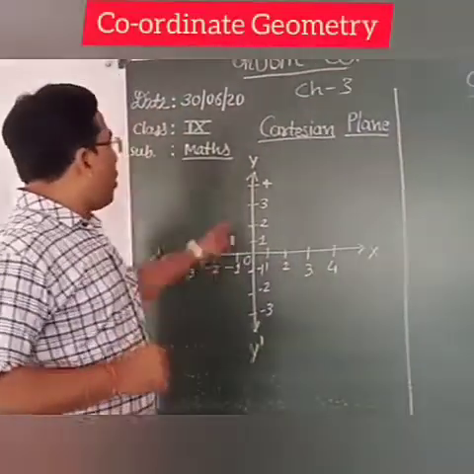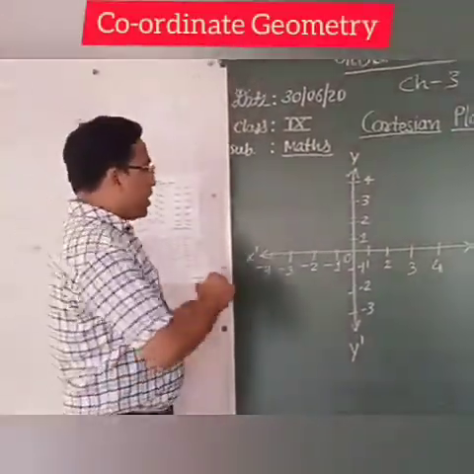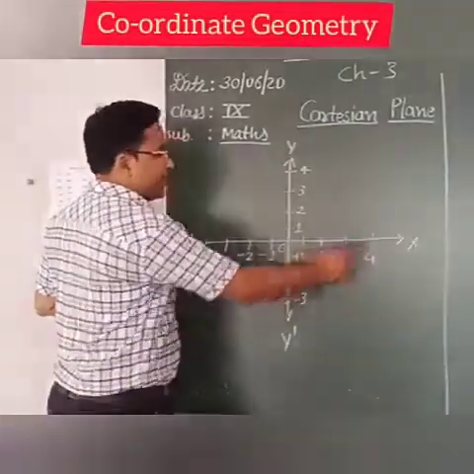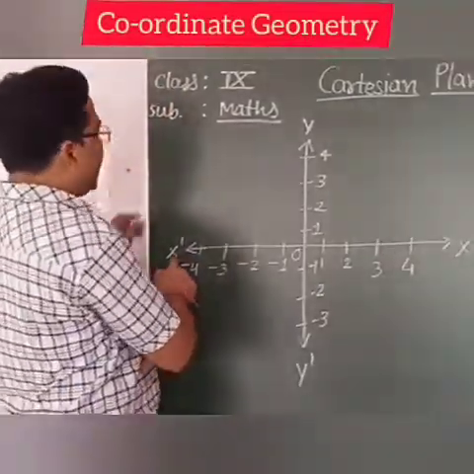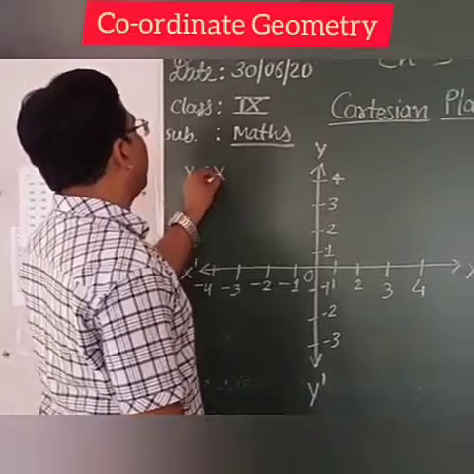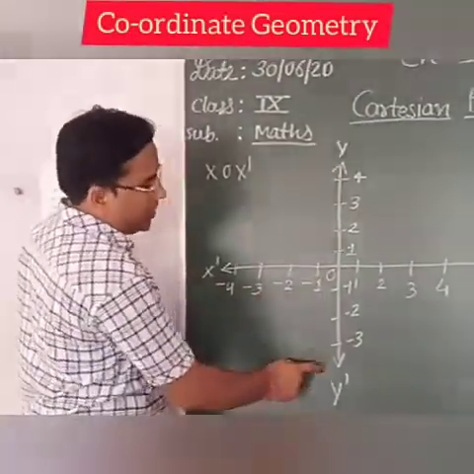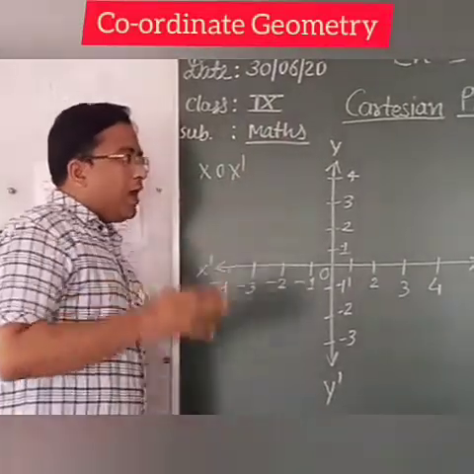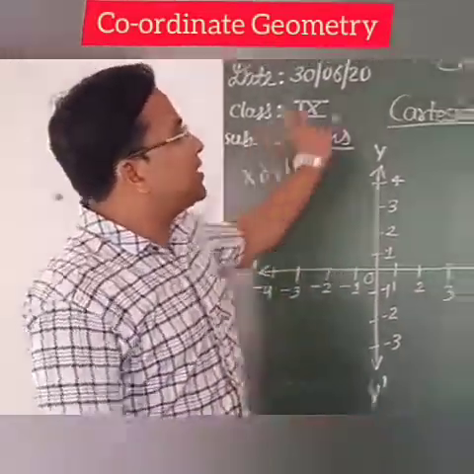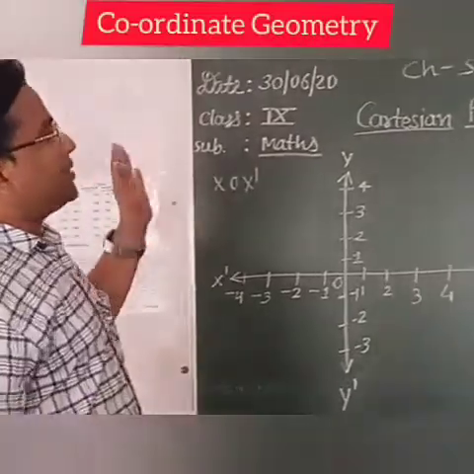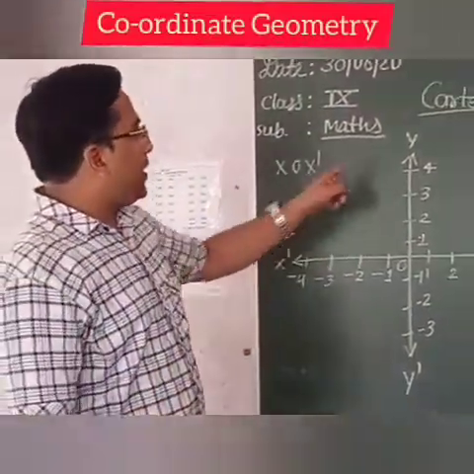You can see I have drawn a Cartesian plane, a horizontal line, that is XOX dash, and YOY dash, a vertical line. If you consider this blackboard or green board as a plane figure, these are the lines.